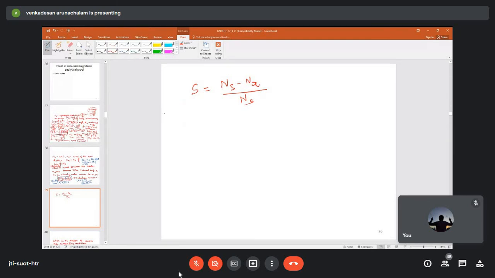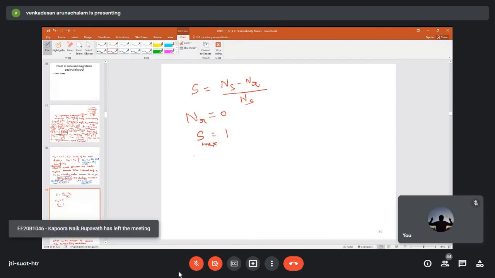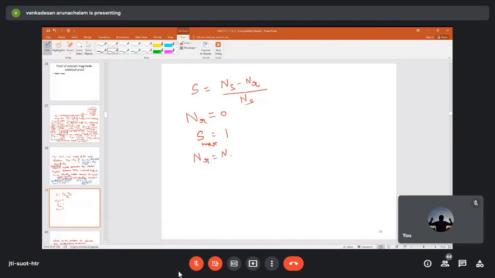You should arrive with respect to rotor speed only. When the machine is about to start, what is the value of rotor speed? 0. So when NR is 0, what is the value of slip? 1. So that is maximum. When NR becomes equal to NS, that is the maximum speed with which the rotor can rotate.